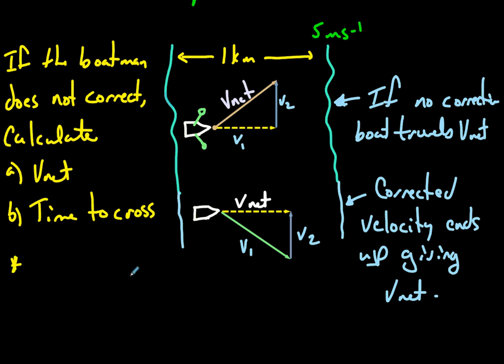And you're missing one crucial piece of information, obviously, and that is how fast the boatman can row. So he rows at 8 meters per second. So that's dealing with the first problem here. That's dealing with this up here.